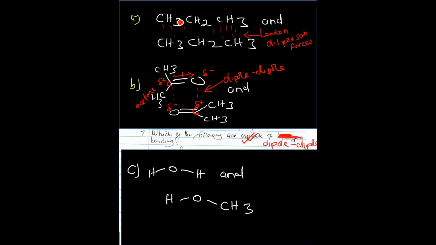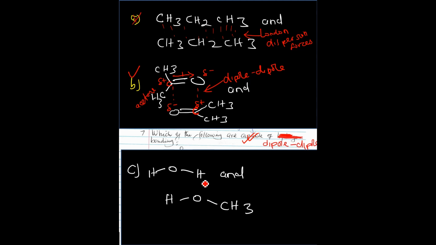So for these two molecules, there's no dipole moments, which means there's no hydrogen bonding possible. There's no dipole-dipole like we have in B. So the only option you have is London dispersion forces. So this is not an answer for our question, because our question is looking for two molecules that can do dipole-dipole. B is the answer, this is dipole-dipole. A only has London dispersion.